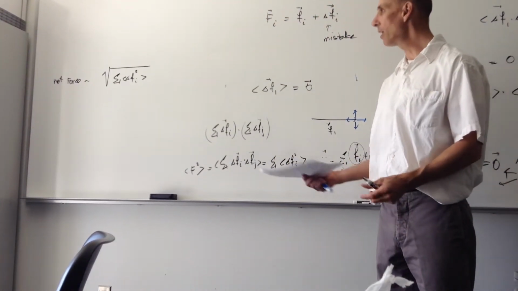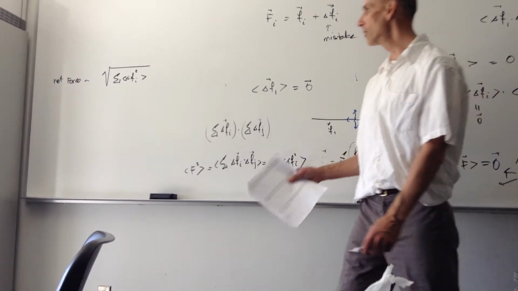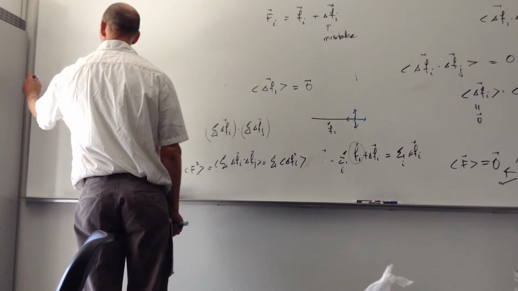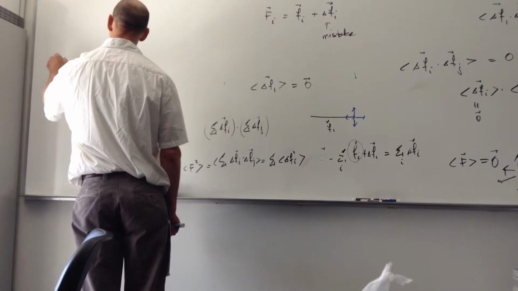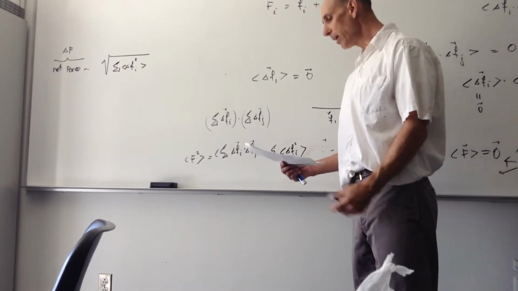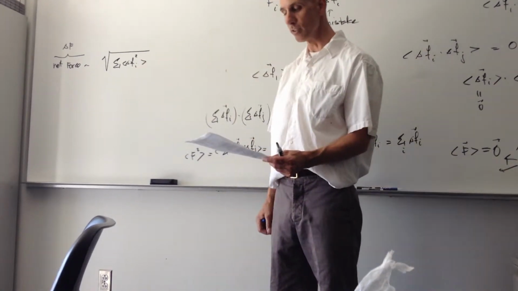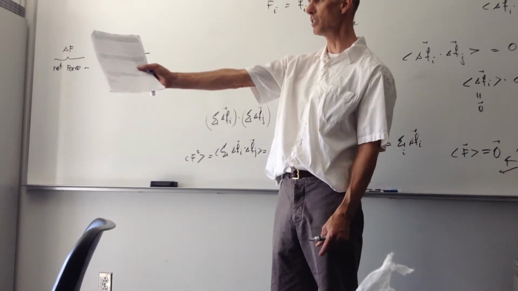I call it delta F in here. So we call this delta F in the lab. It's the magnitude of that net force. So all we've got to do is figure out how big each one of those is, and that's the next two questions.